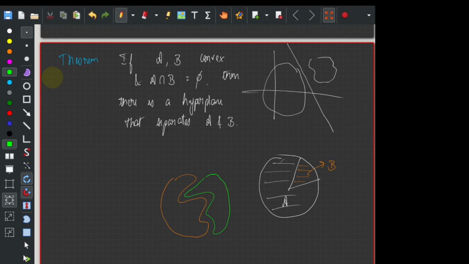But the converse is not necessarily true, right? Just because there's a hyperplane which separates A and B, and you know that A and B are convex, it doesn't necessarily mean that the intersection is empty.